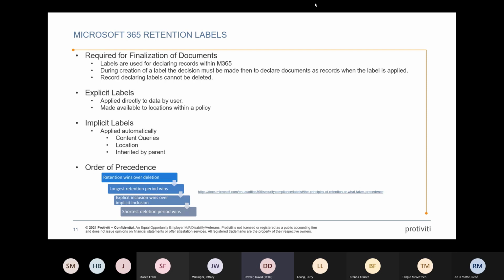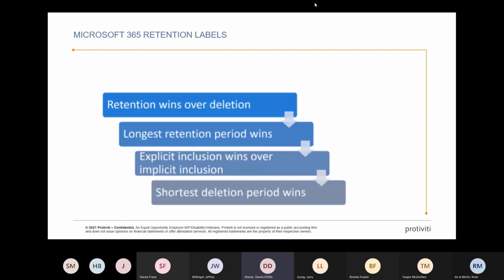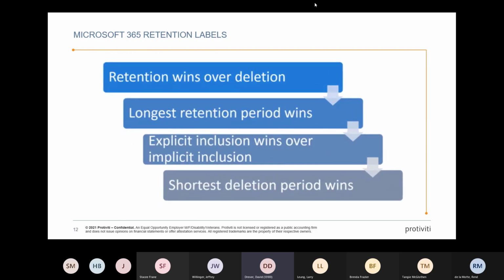Where this becomes important is what's called the order of precedence. The order of precedence is there when you're dealing with content that could possibly have more than one label applied to it at once. One of the things I haven't really talked about yet is that when I'm talking about a retention policy, 9 times out of 10, your retention policy is there to make sure that the content is maintained for a certain amount of time.